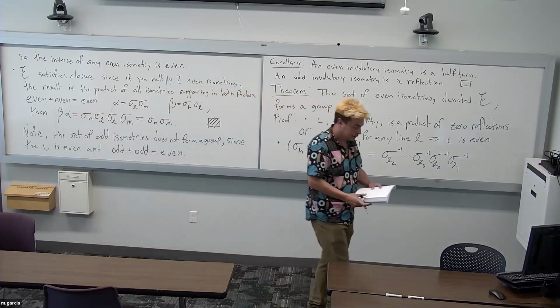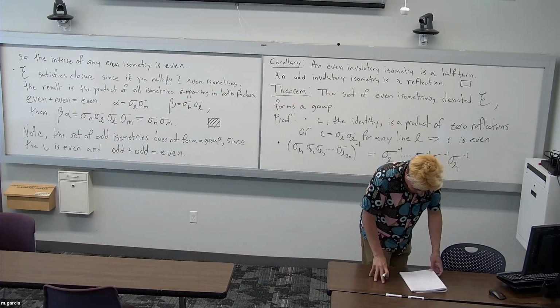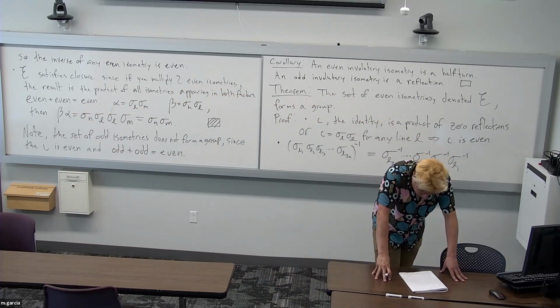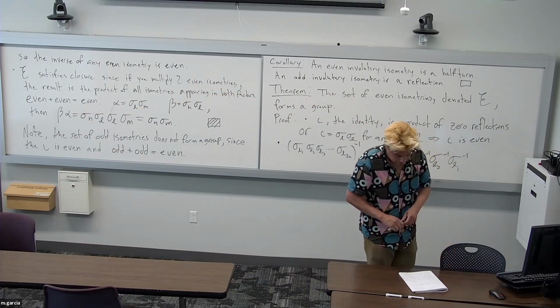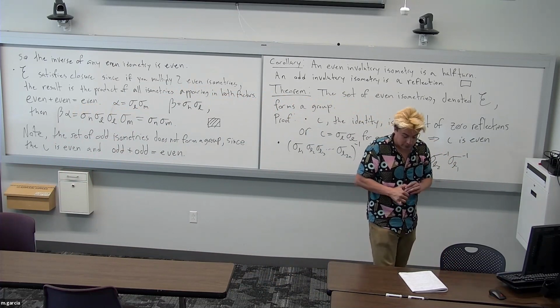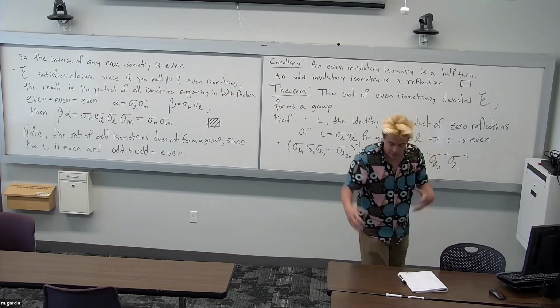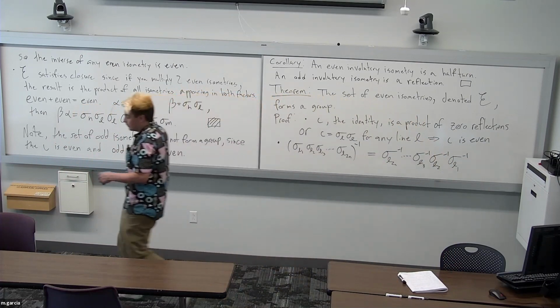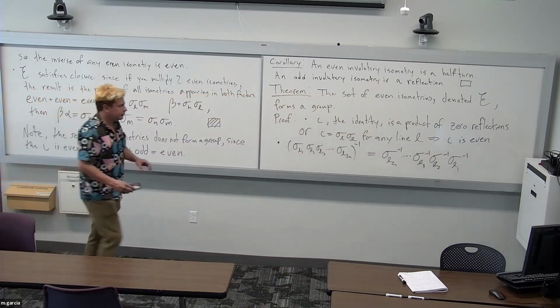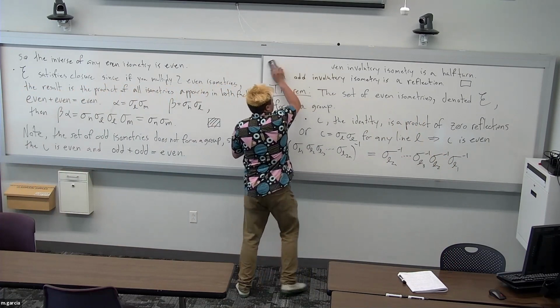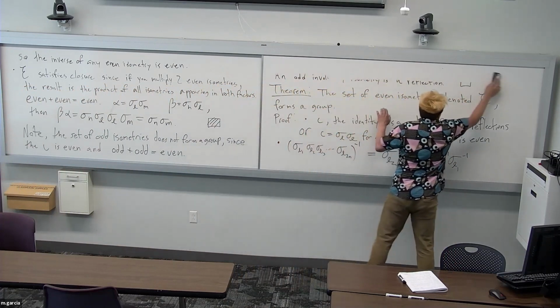Okay? Good. So, in time, we'll see some importance as to why we might want to study the group of even isometries in particular. For now, just note the group structure.